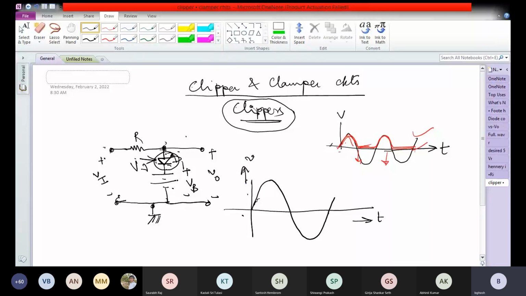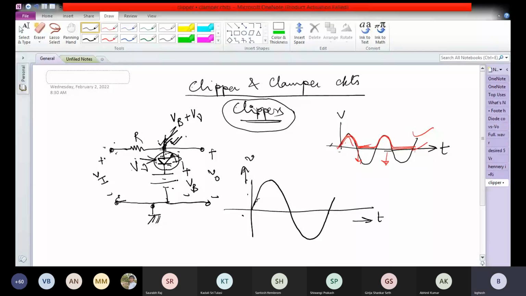So the voltage at this point, when the diode is on, will be VB plus V gamma. And when the diode is on, this voltage cannot rise above this value. If diode D1 is off, that means the voltage at this point is less than VB plus V gamma. Then the current in the circuit is 0. And therefore, the output voltage will follow the input voltage.